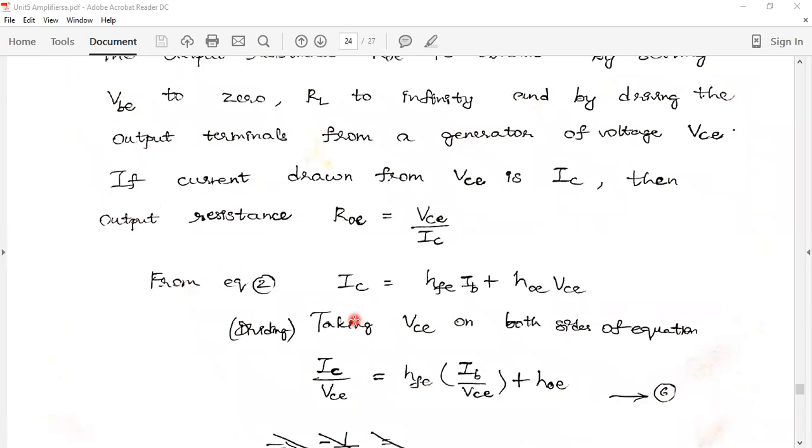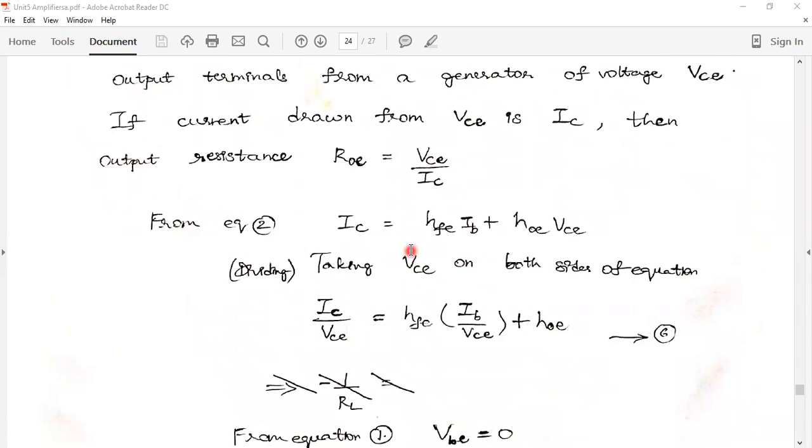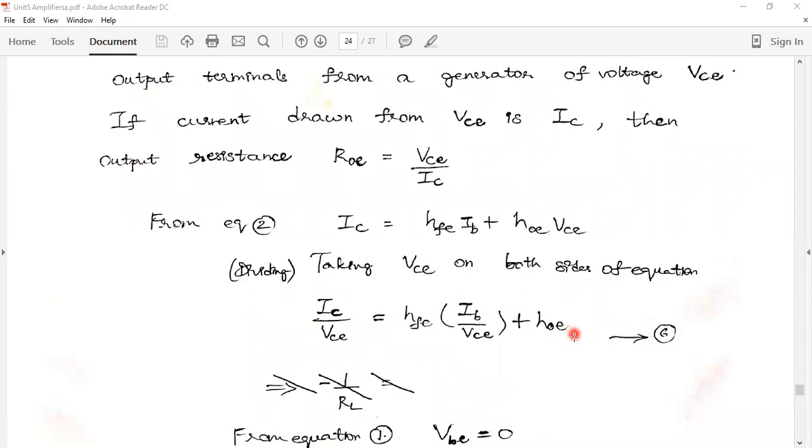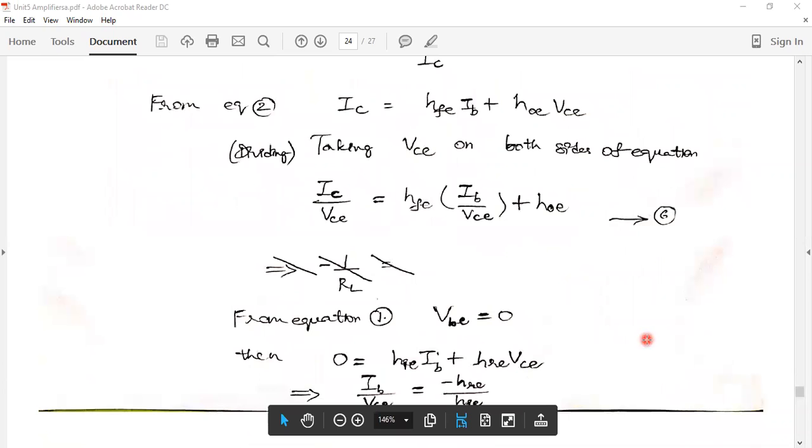Again consider equation number 2: IC is equal to HFE IB plus H0E VCE. Dividing by the VCE term on both sides, this becomes IC by VCE is equal to HFE IB by VCE plus H0E. This is equation number 6.